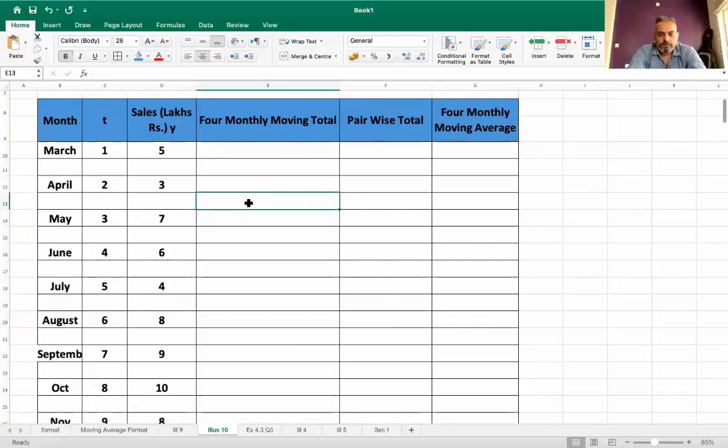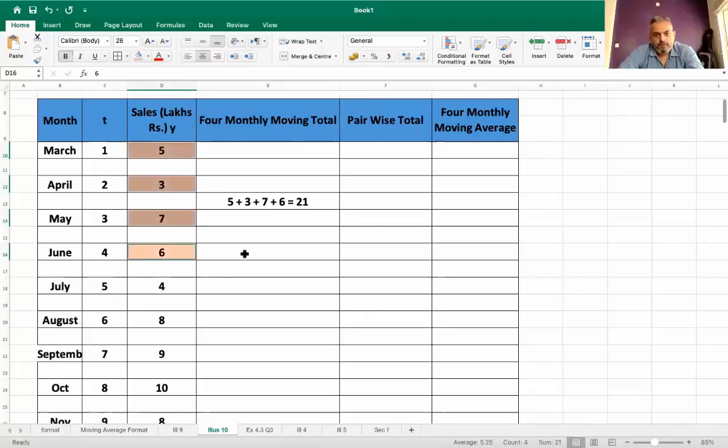So over here, we will write 5 plus 3 plus 7 plus 6, which is equal to 5, 3, 8, and 7, 15, and 6, 21. So I'll write over here 21. How did I get 21? 1, then 2, then 3, and then 4. We got 21.